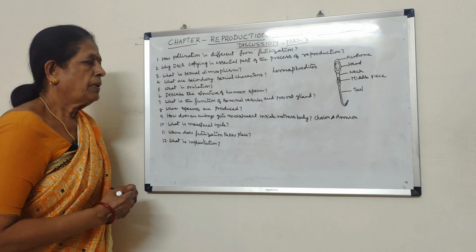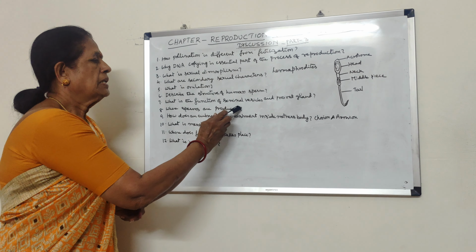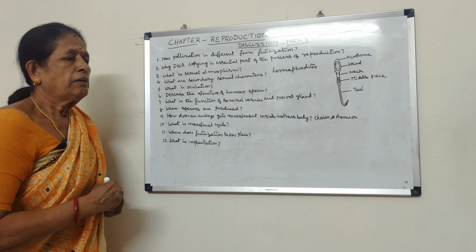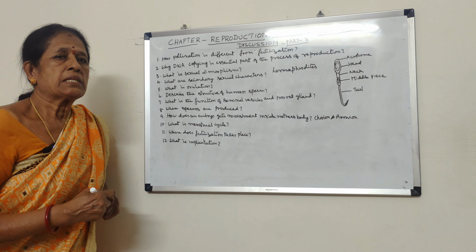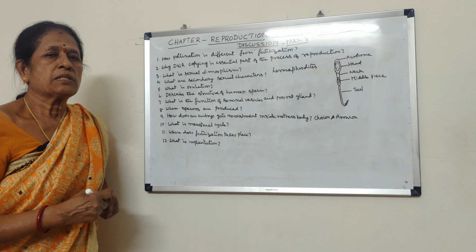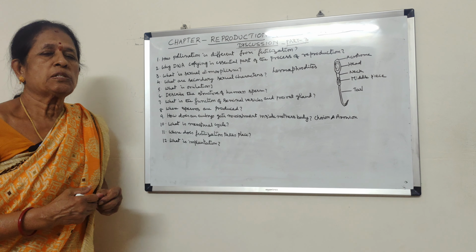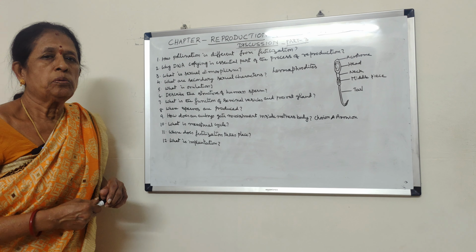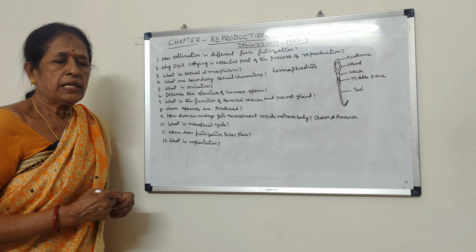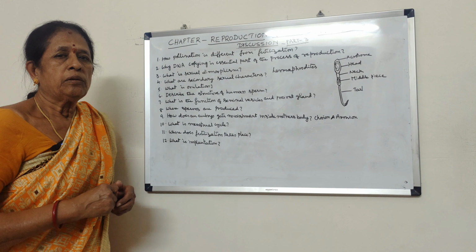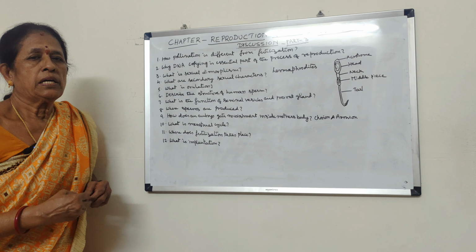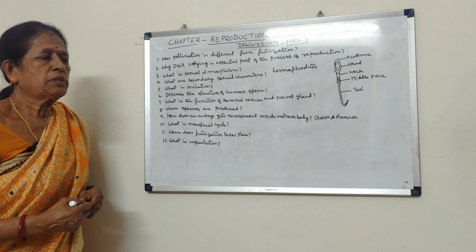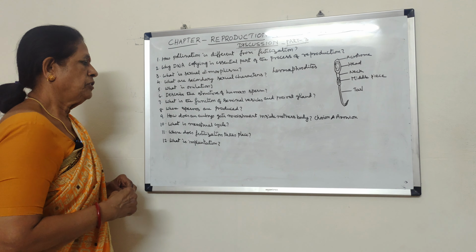So sperms are haploid and they are produced in the seminiferous tubules, and they are collected by a tubule called vasa efferentia, and then they pass through the epididymis where the sperms are stored temporarily, and then they pass through the vas deferens, and then they enter into the urethra. Along with the urine, they are sent out of the body. So sperms are produced in small tubules which are called seminiferous tubules.